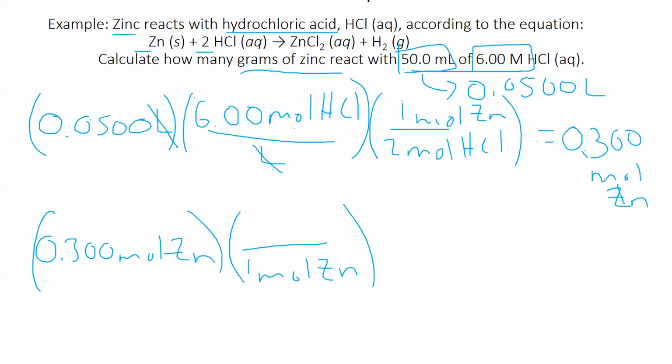Excuse me, sir. Can I? Sorry for interrupting. No, that's what I want you guys to do when you have questions. That's 0.3 moles zinc that you just wrote. Is that the calculation of 0.05 times 6 divided by 2? Oh, you're absolutely right. That should be 0.025, shouldn't it? Wait, because we are dividing.